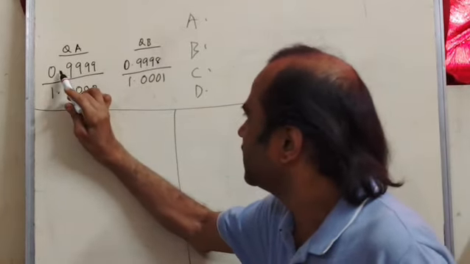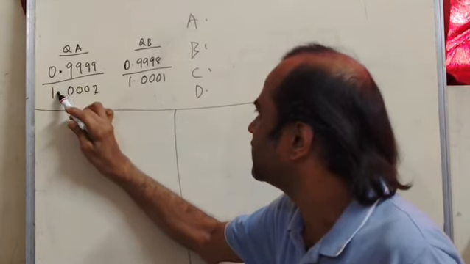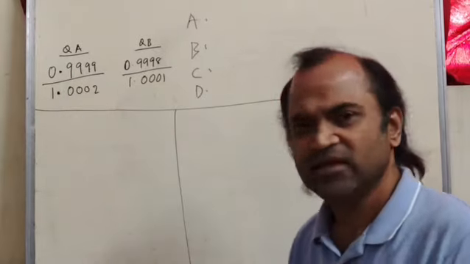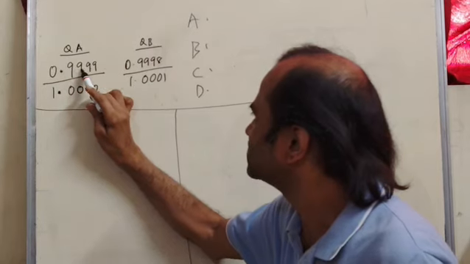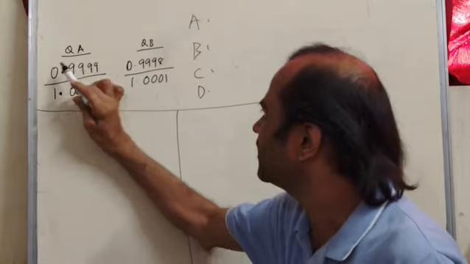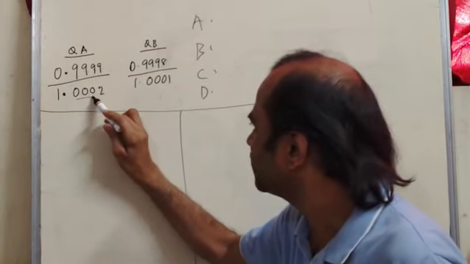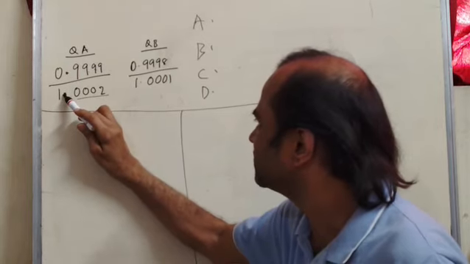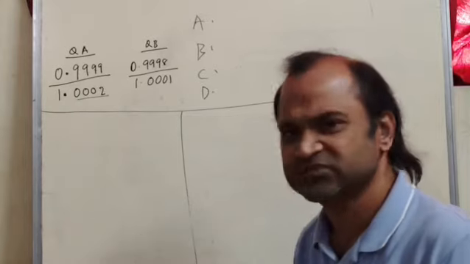First of all, the number of digits after the decimal point everywhere is the same. See, the number of digits after the decimal point is 4 in the numerator of this fraction, and the number of digits after the decimal point in the denominator of this fraction is also the same.